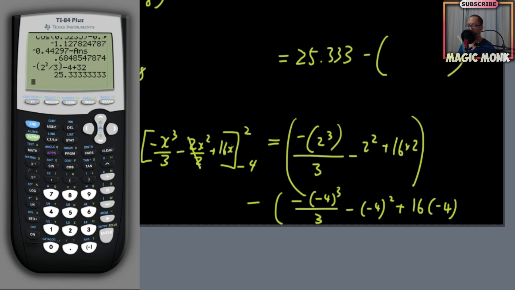So then I'm going to do negative 4 cubed, negative 64. So negative of negative 64 is just 64 divided by 3, minus 4 times negative 4, which is just 16, plus 16 times negative 4.